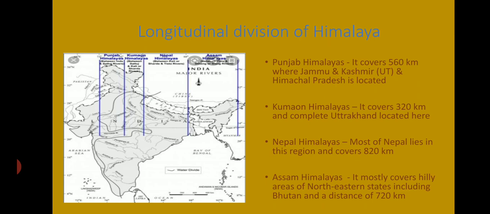Then comes towards the east, the Assam Himalaya. This Assam Himalaya mostly covers the hilly area of the northeastern states, also Bhutan, and it lies between the Tista river and the Dihang river, which is also called the Siang river, and the distance is about 720 kilometers.